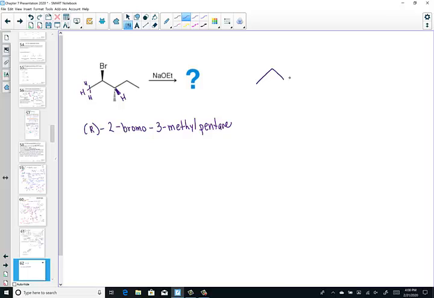One possible answer is making the double bond between carbon 1 and 2, and the methyl group still at carbon 3. So one possible product would be 3-methyl-1-pentene. But this is the least substituted alkene, and so I would predict this is actually the minor product.